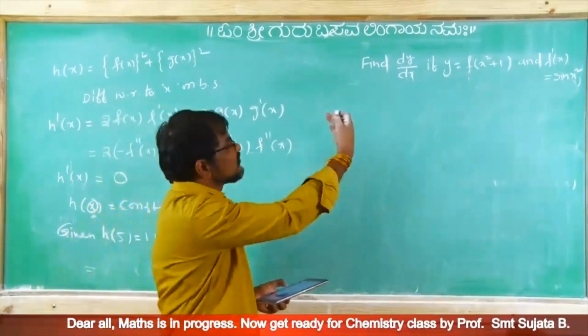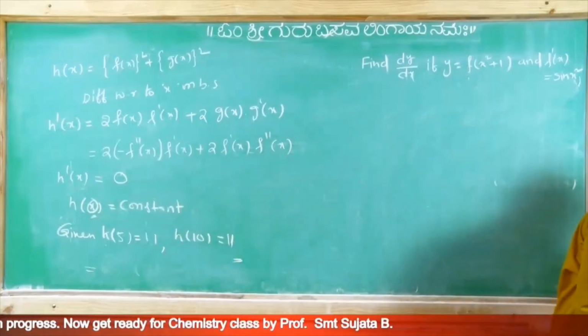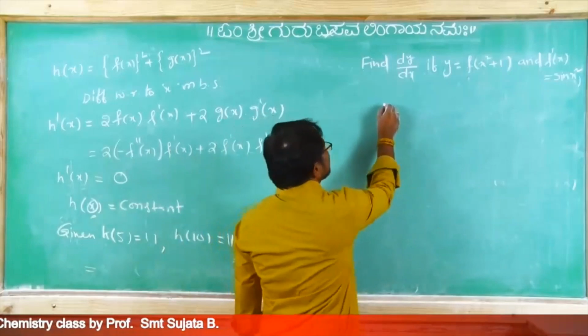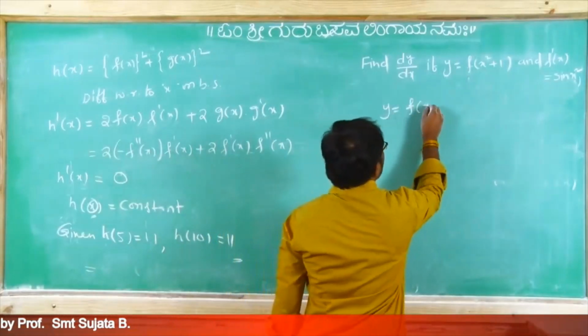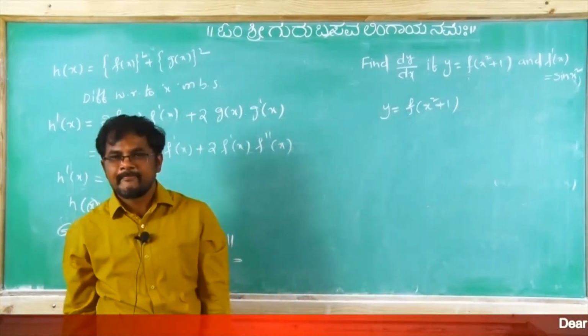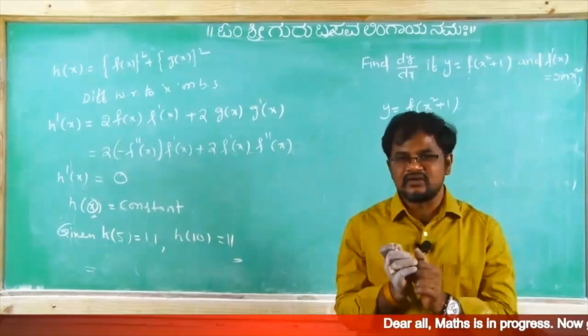So what is given, what do we have to find? Listen carefully. In this one, given y equal to f of x square plus 1, correct? What we have to find is dy by dx.